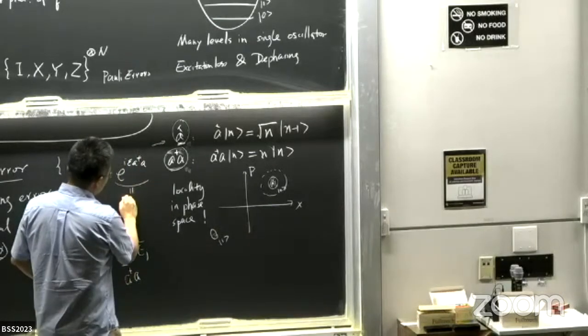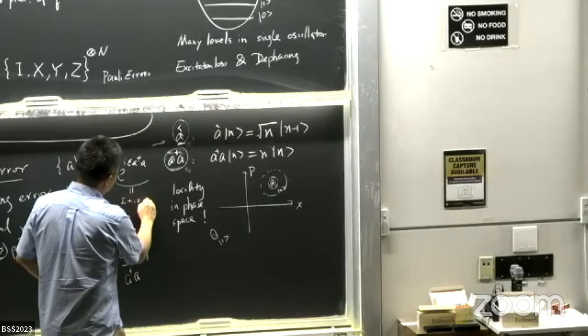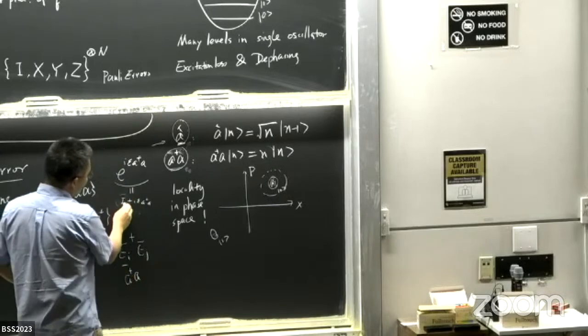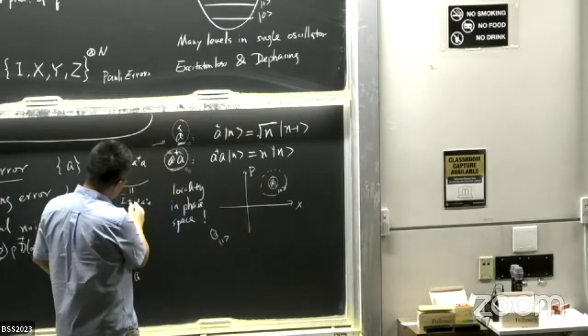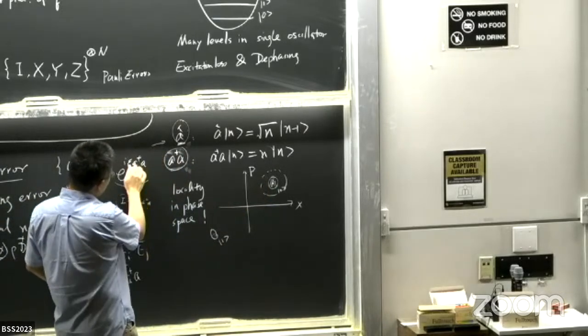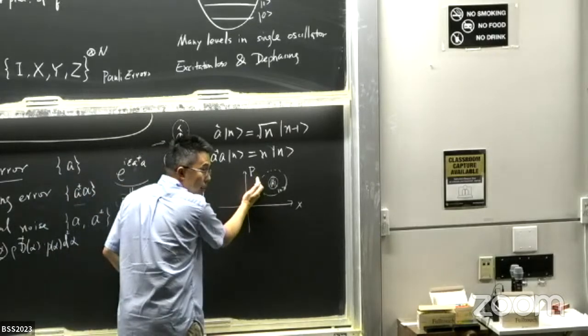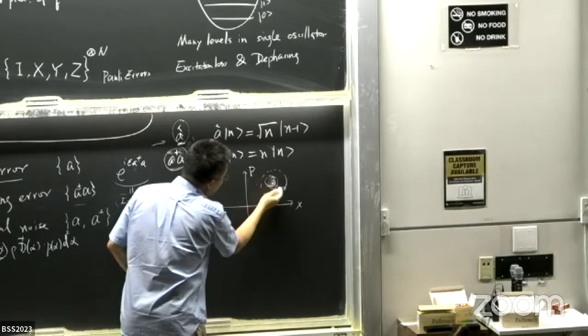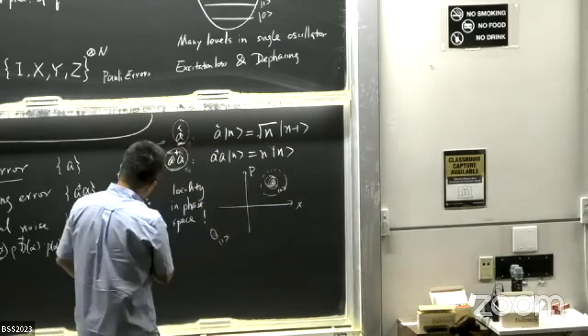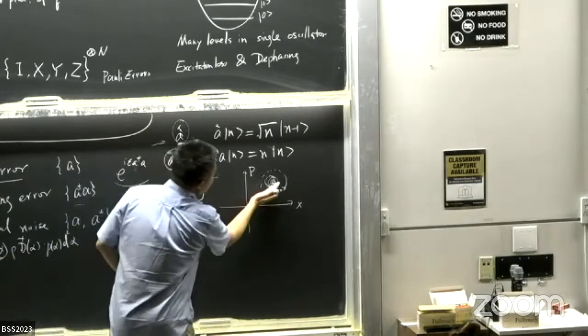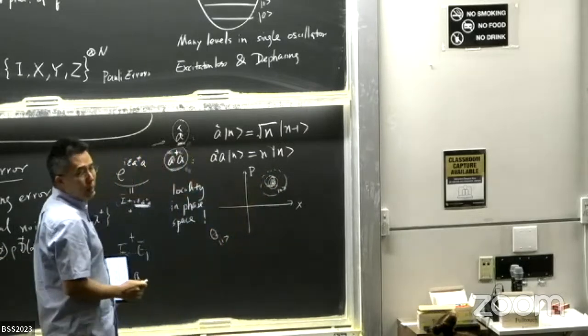You can do a Taylor expansion: identity plus i epsilon a dagger a, and so on. The identity says the state stays there. And this operator is just a phase rotation in phase space, so it rotates the original state a little bit. So it only slightly shifts the phase space.